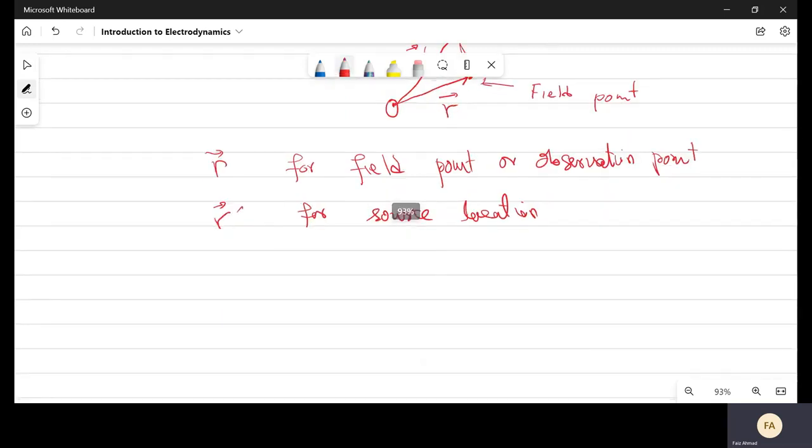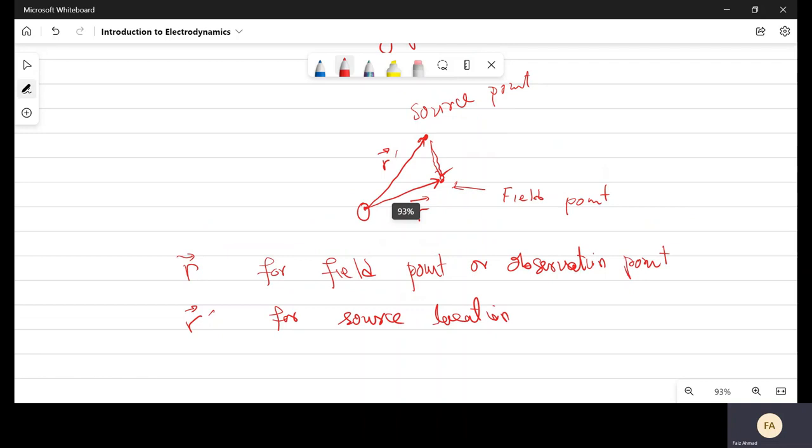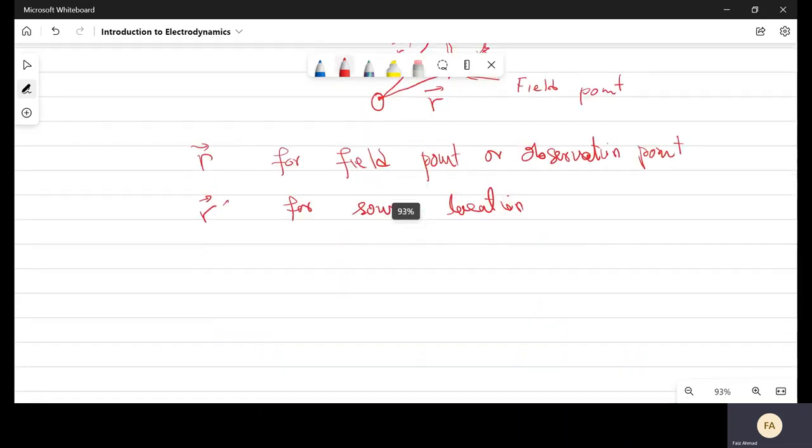This is denoted by R, but this time a different script symbol is used. So this R is R minus R prime.